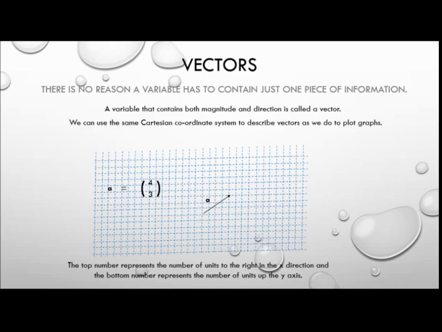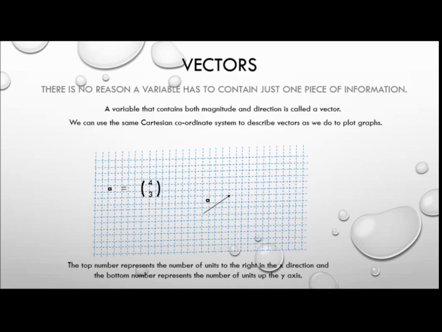We can also represent a vector as two numbers inside a set of brackets with one number over the top of the other number. Now the top number represents the number of units to the right of the tail that the head is, and the bottom number represents the number of units above the tail that the head is.